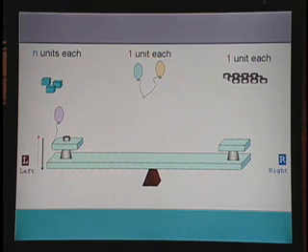So we subtracted one, we added one, and our seesaw is now balanced. We will use this example in our next slide to derive more equations which involve minus and plus signs, and then try to solve them.